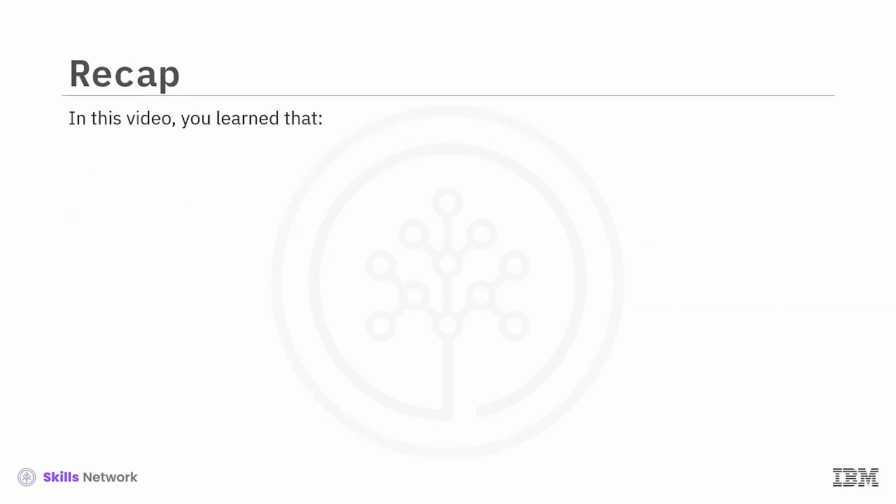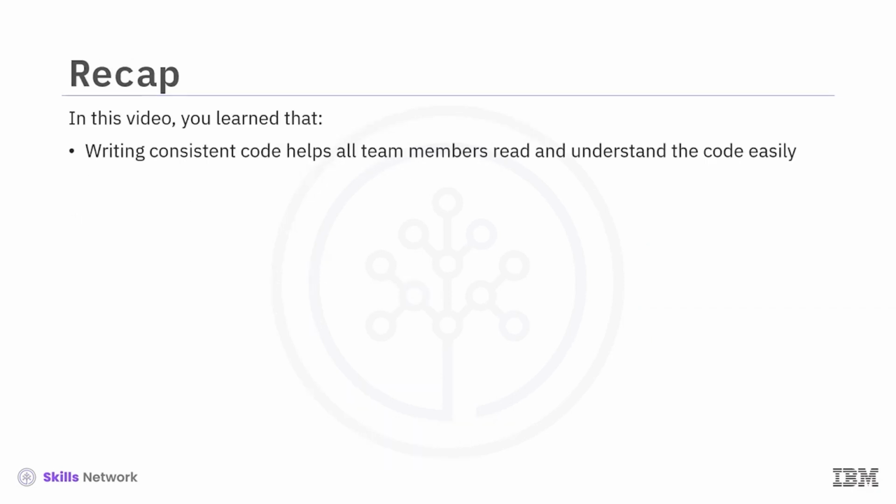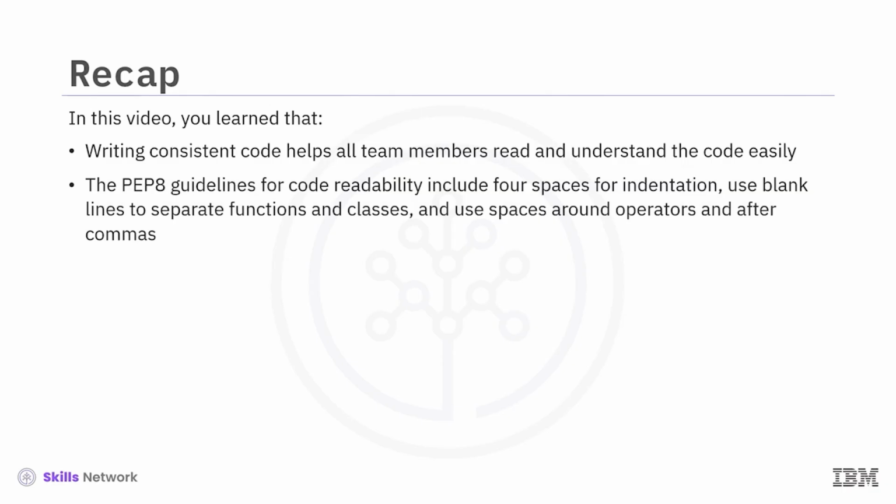In this video, you learn that writing consistent code helps all team members read and understand the code easily. The PEP 8 guidelines for better code readability include the following: 4 spaces for indentation, use blank lines to separate functions and classes, and use spaces around operators and after commas.